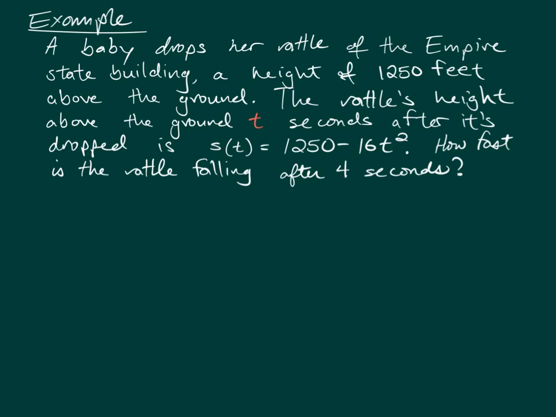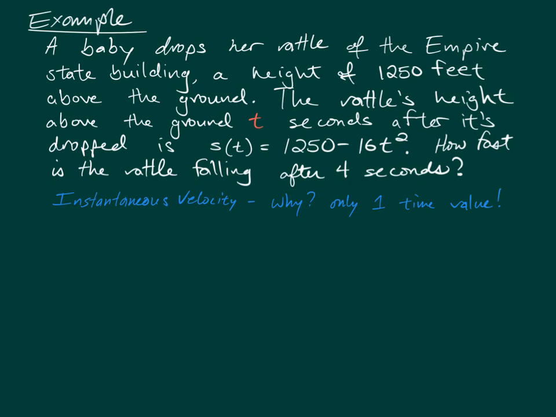Since we are given some information about the position of the rattle as it's falling, and we are asked to find how fast the rattle is falling after 4 seconds, we will be finding the instantaneous velocity here. And you can know that we are trying to find the instantaneous velocity because there's only one time value given here, and that is 4 seconds.